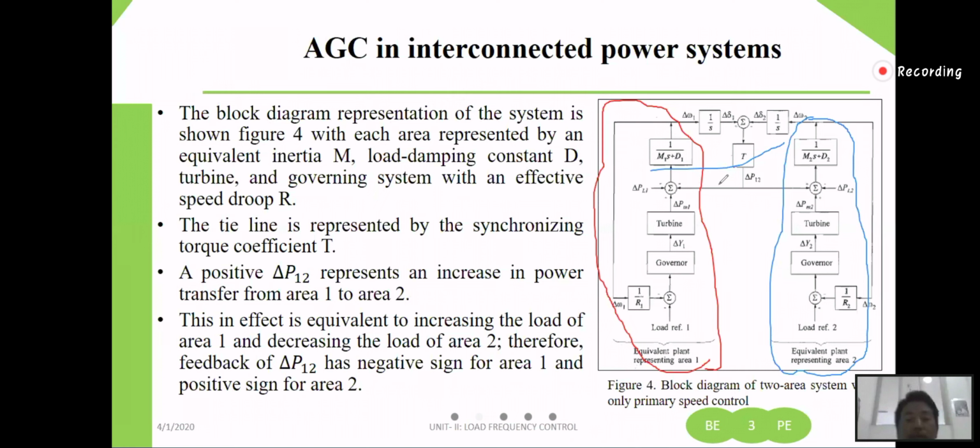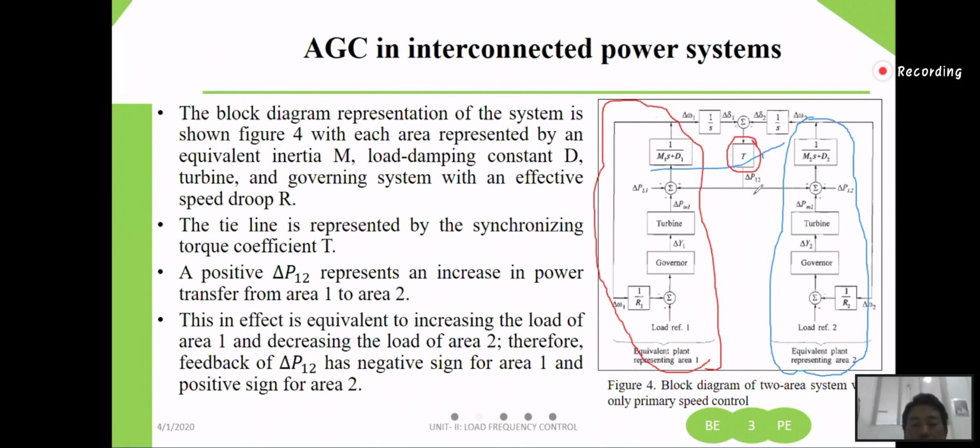Now here the tie line will be represented by a synchronizing torque coefficient T.